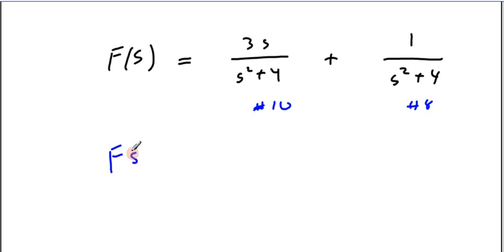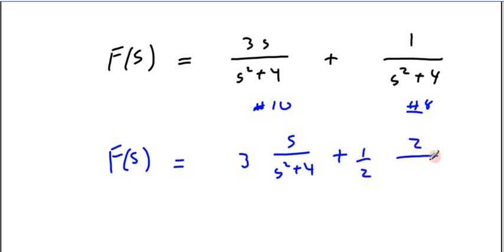So F of s is going to be 3 times s over s squared plus 4. That's not much manipulation there. Plus, we want a 2 on top. Number 8 says we need a 2 on top. So this is going to be 1/2 times 2 over s squared plus 4.